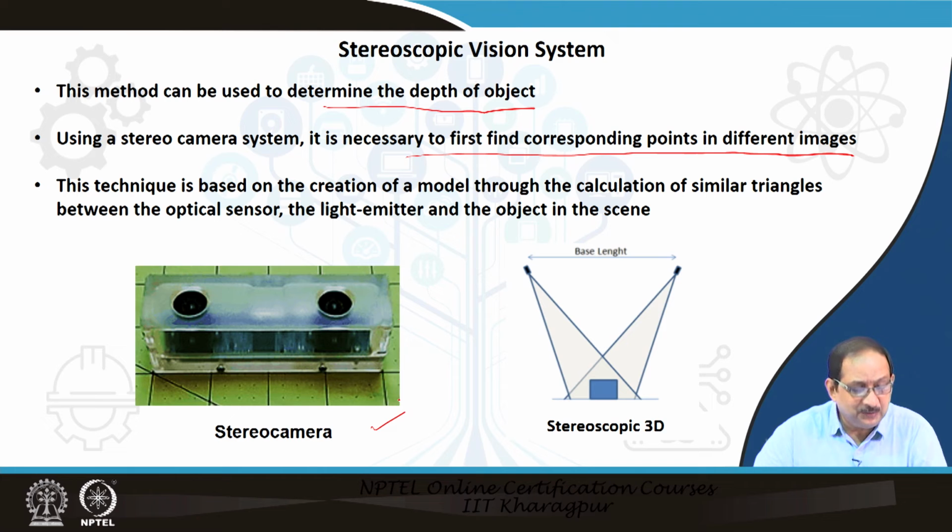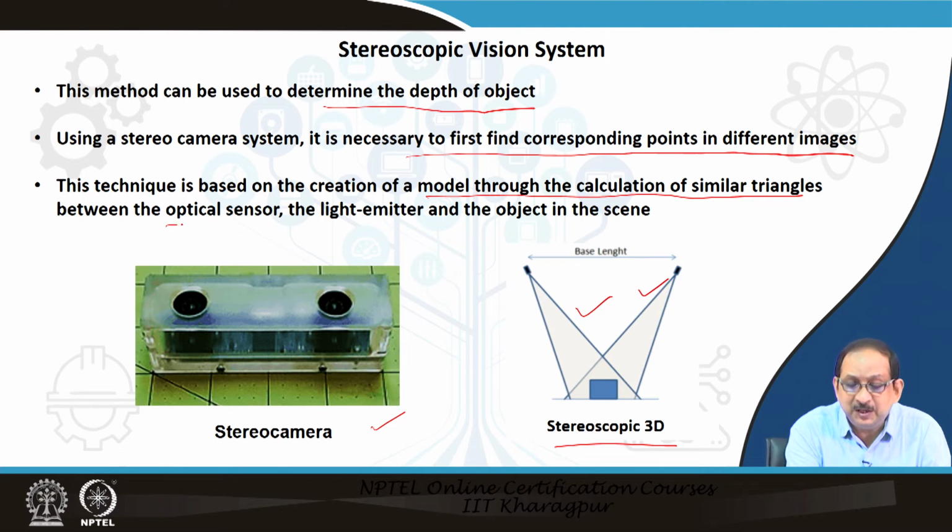This allows the camera to simulate human binocular vision and therefore provides the ability to perceive depth. So this technique is based on creation of a model through calculation of similar triangles, as you can see in the figure, between the optical sensor and the light emitter and the object in the scene.